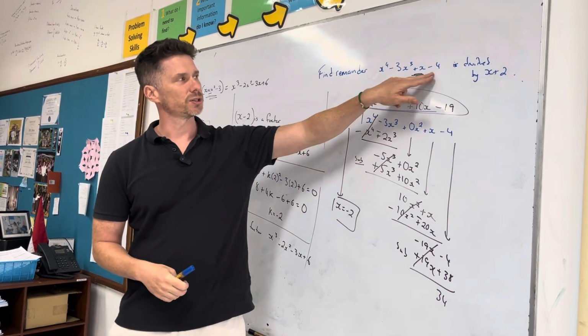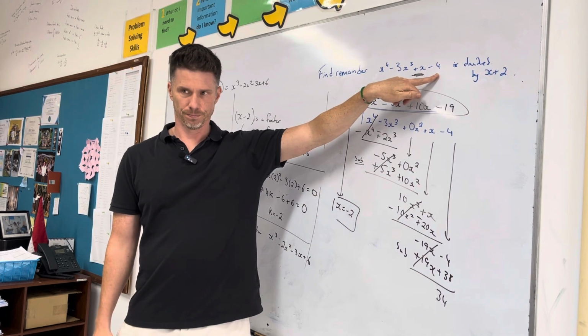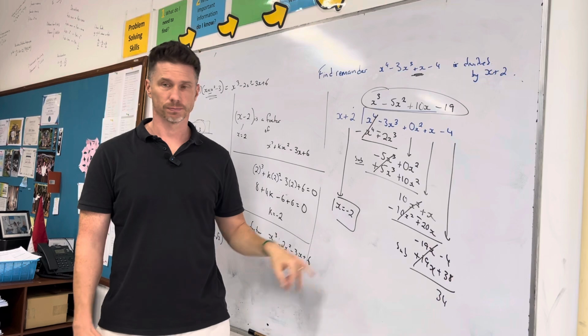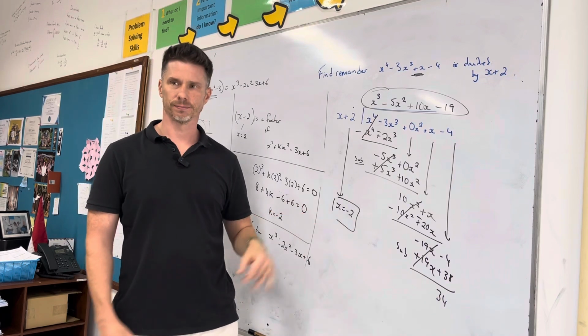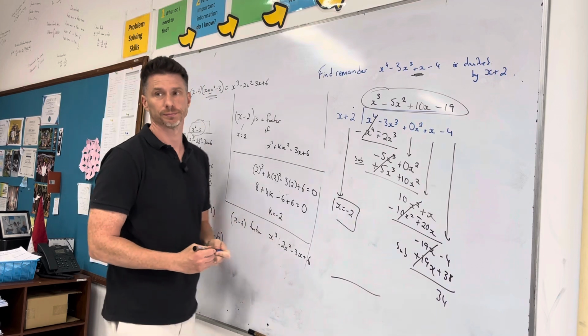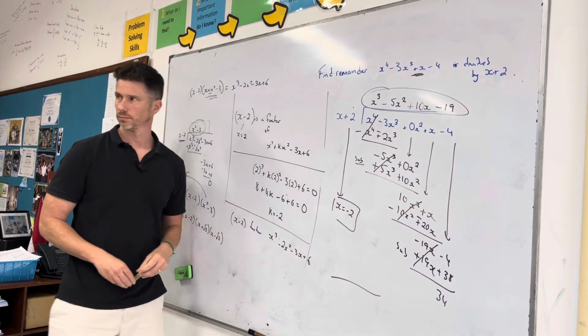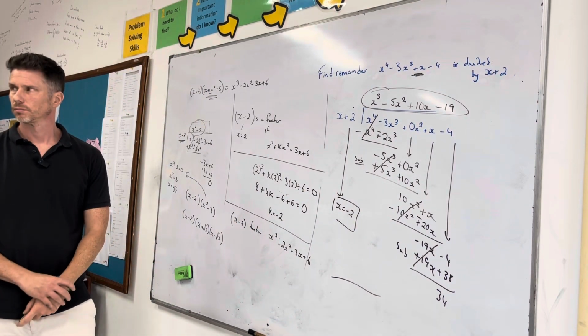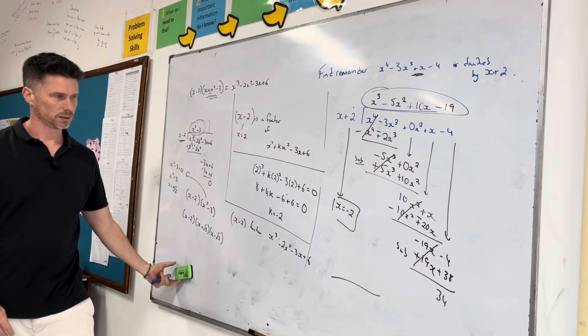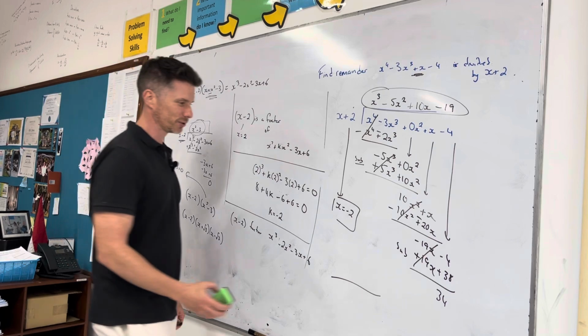This one still crosses the y-axis at minus 4. So you're finding the x crossing points, when y is 0. What do you think the constant is? I'm going to say it again.